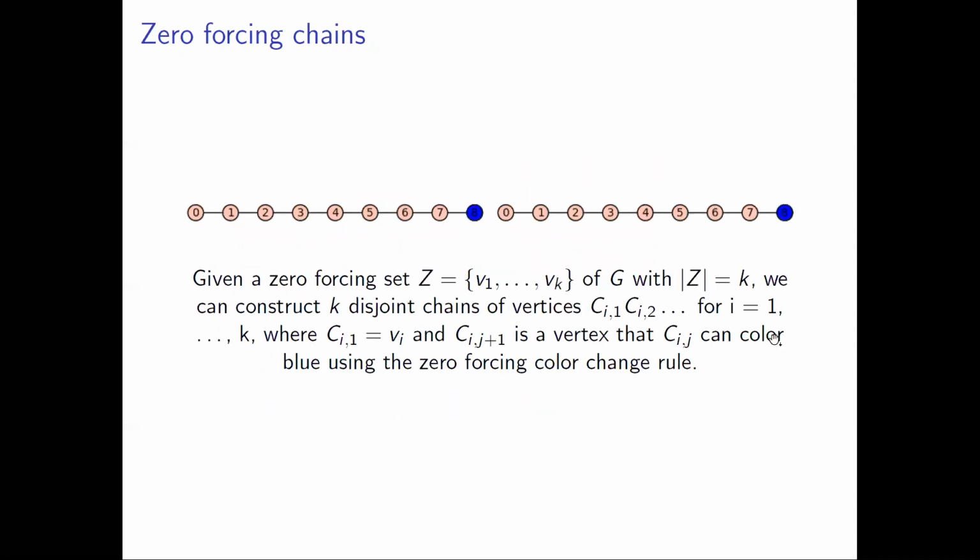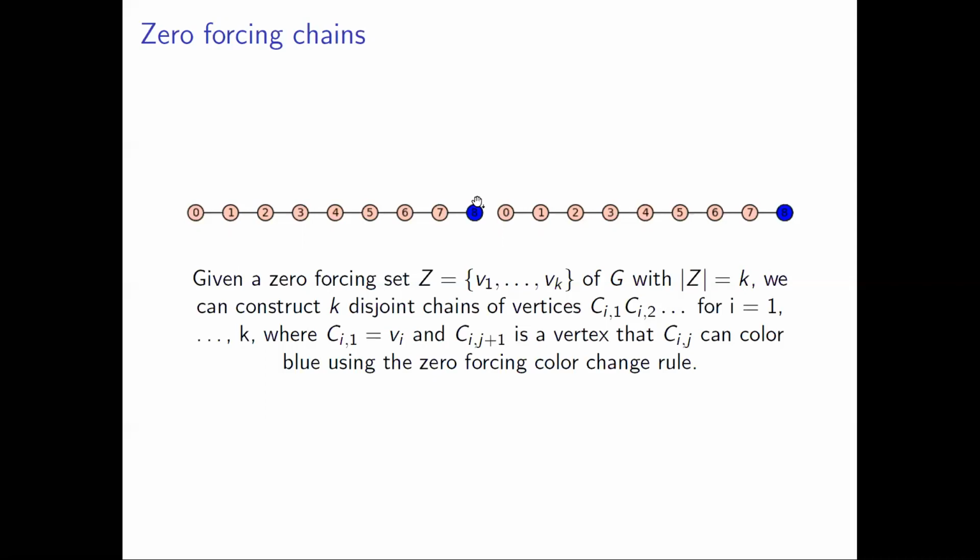One of the most useful tools for thinking about zero forcing sets and the zero forcing number is zero forcing chains. So if we start with some zero forcing set, like the one we have for this graph with these two blue vertices, we can construct disjoint chains, one chain for each initial blue vertex.